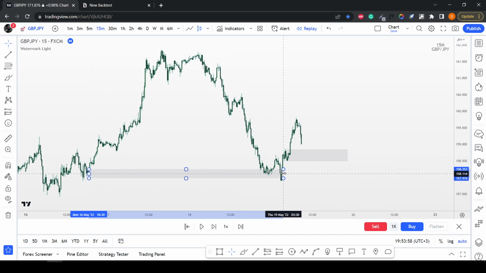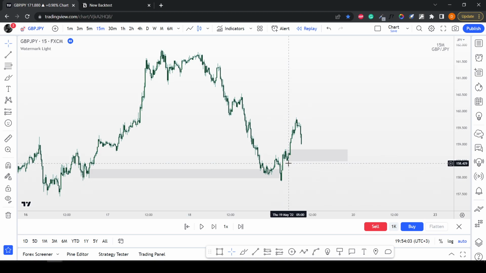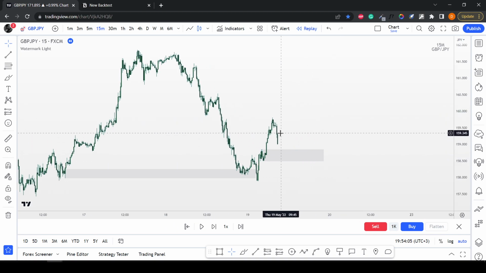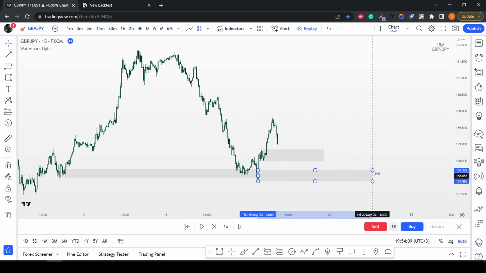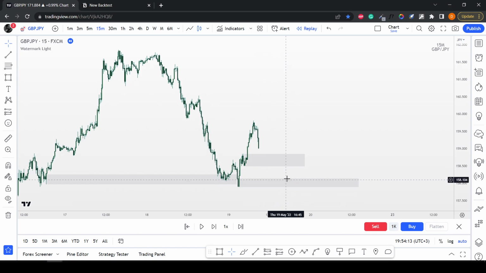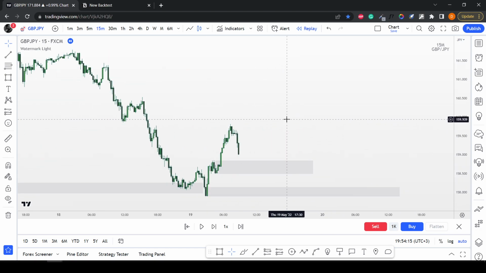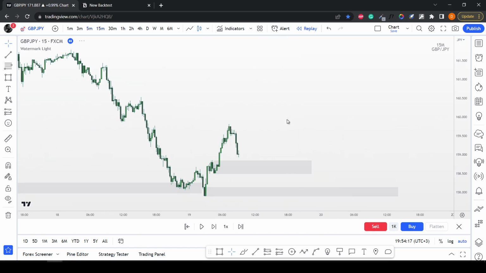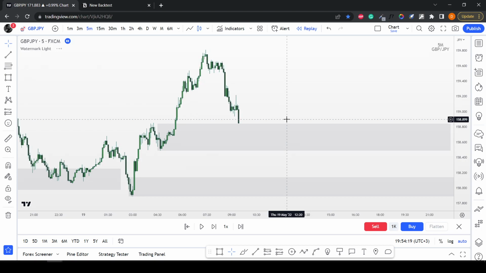So yeah, we tapped into it, showed the reaction, absorbed one break, second break, and now we can work with either zones. So ideally we will have an entry from this one because this will be the last point, but let's see if we will have a tap on 5 minutes.